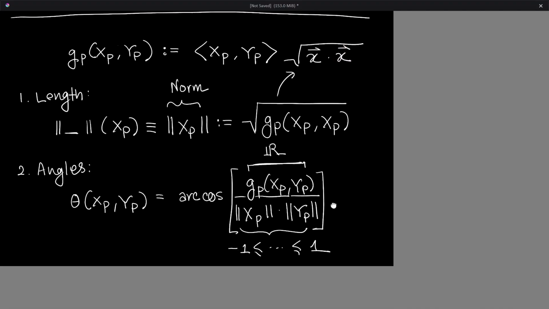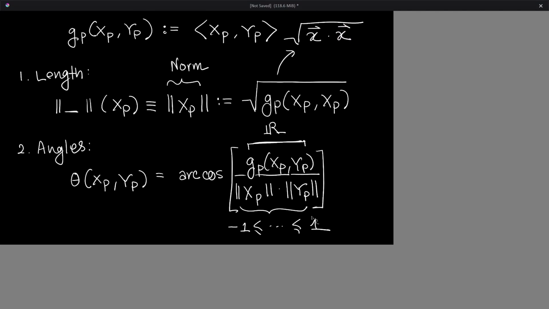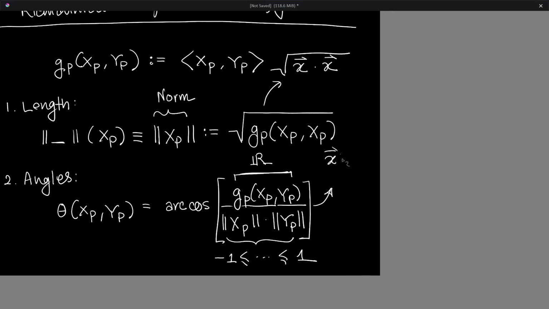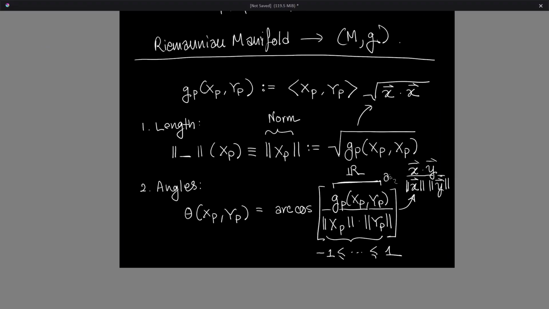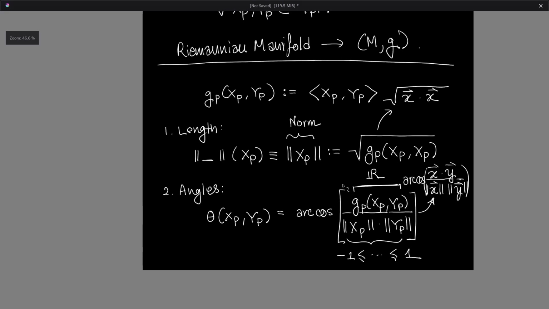And this looks exactly like the formula that you use for calculating angles too, which is x dot y, divided by the length of x and then the length of y. And then of course you have to take the arc cosine of that. So that's how we measure lengths and angles.